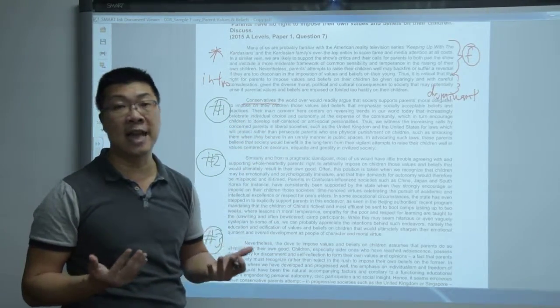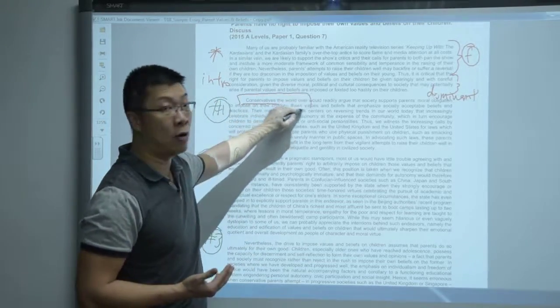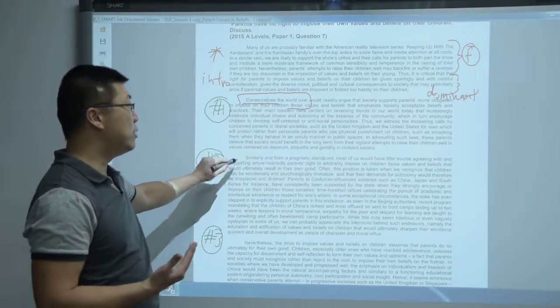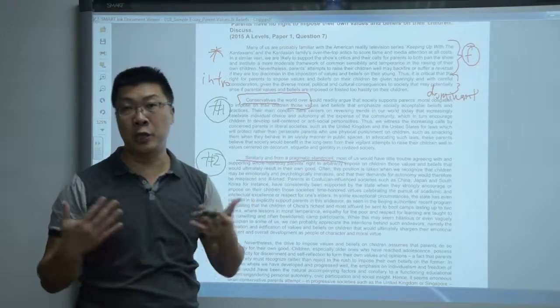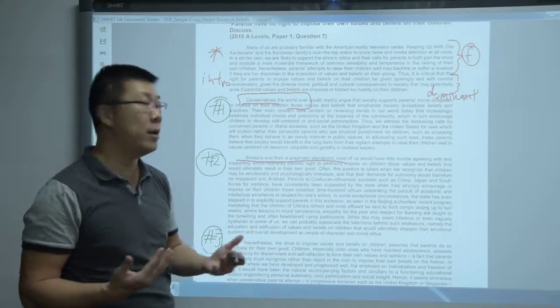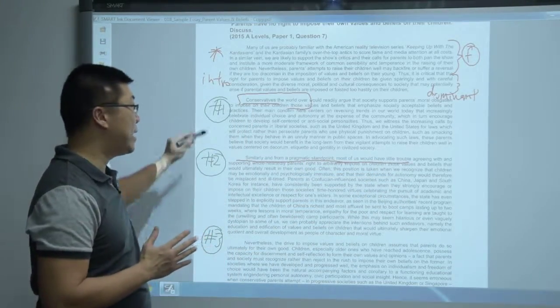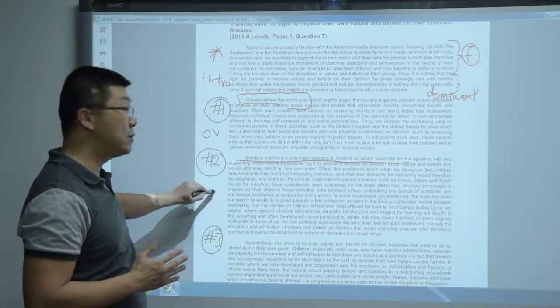So use the distanciation technique, right? Conservatives the world over, which means it's not yourself. In some cases, you use the concept of giving a condition. From a more pragmatic standpoint, what may we believe in? So that would be the opposing views. And over here, I'll just put OV for opposing views.